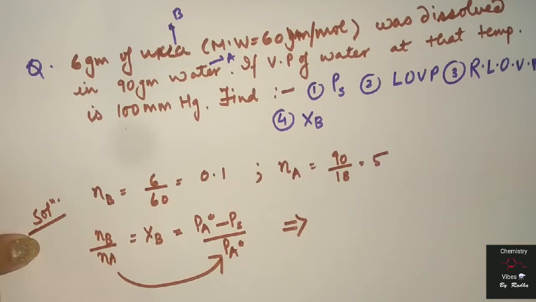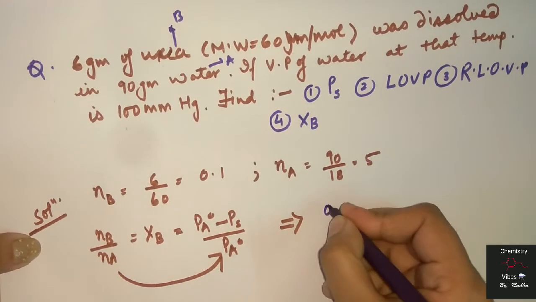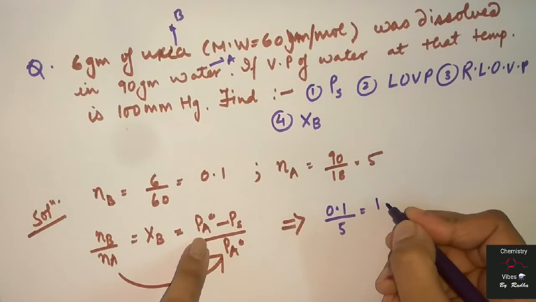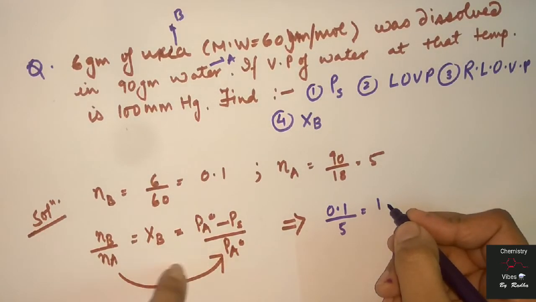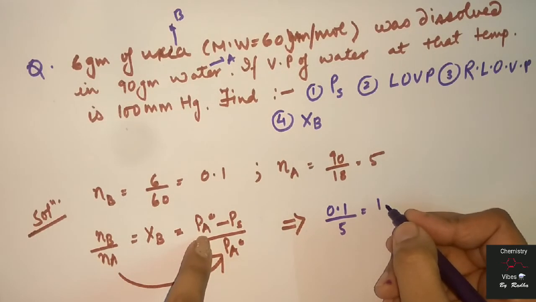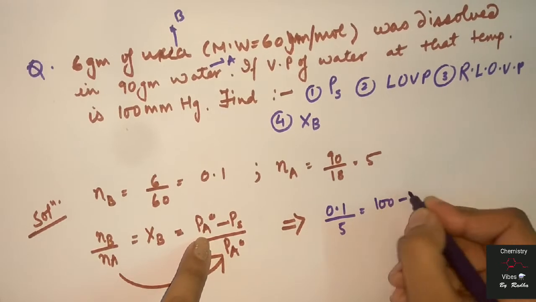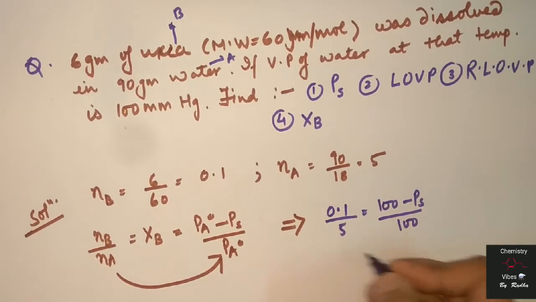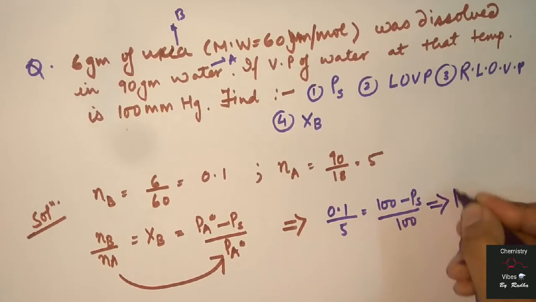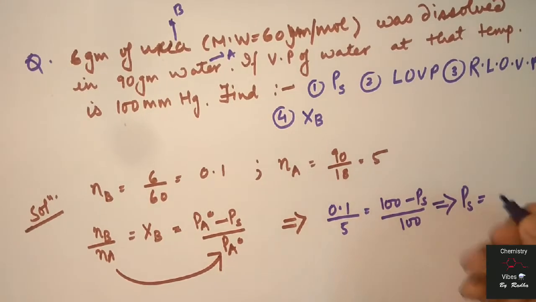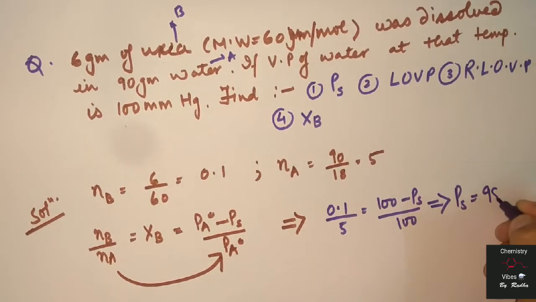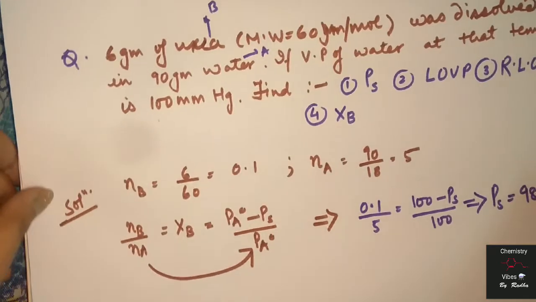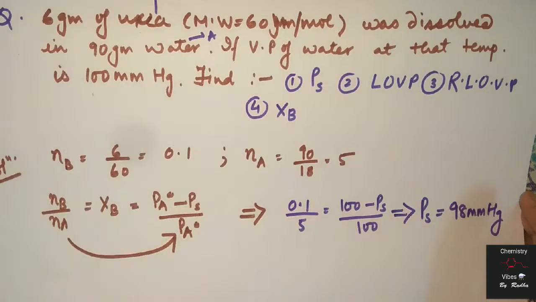So it implies that Nb, what is Nb? 0.1 upon 5 is equal to Pa naught, vapor pressure of A, that is water, pure, 100 minus Ps, which we have to calculate, upon 100. So if you cross multiply, you will get Ps is equal to 98 mm of Hg. Just solve it. You will get 98 mm of Hg. Right?